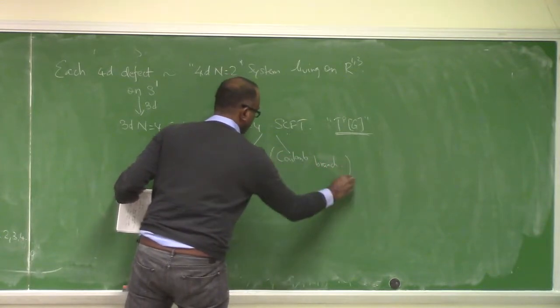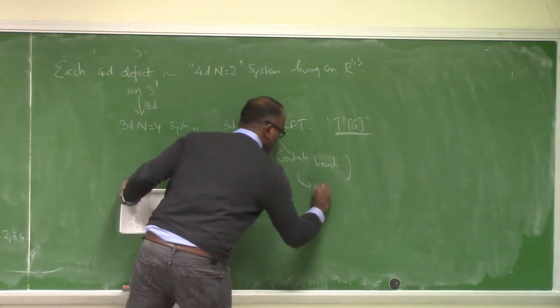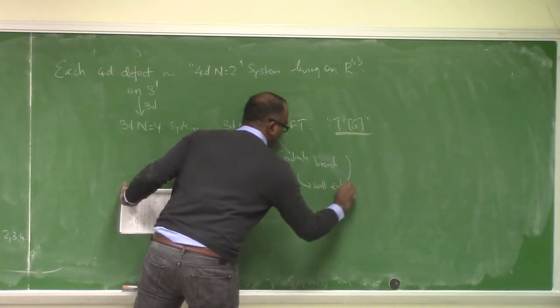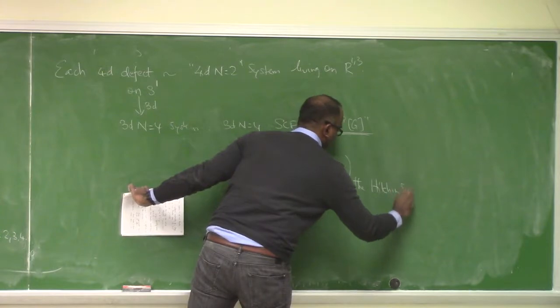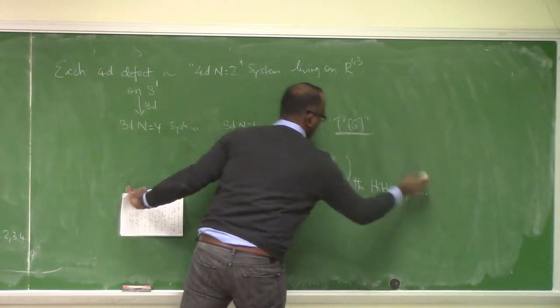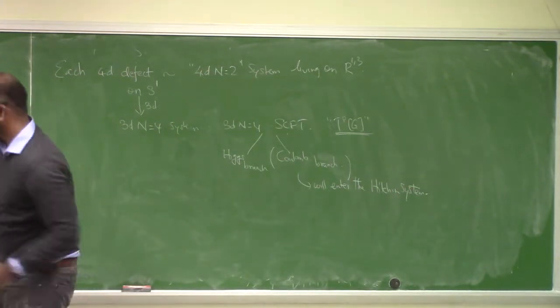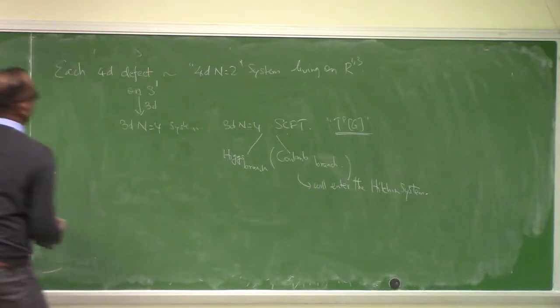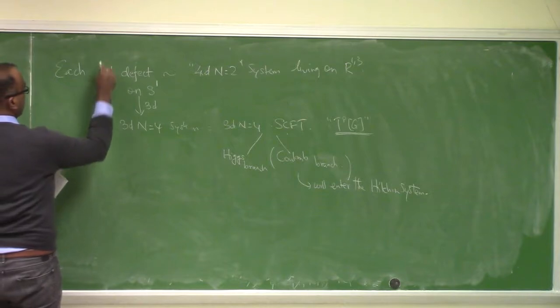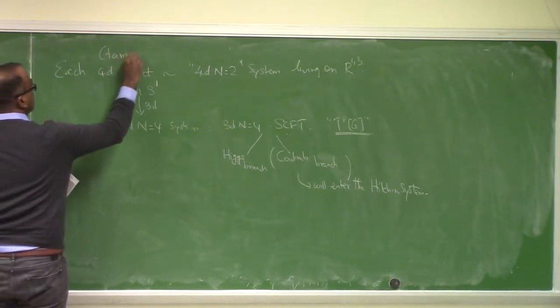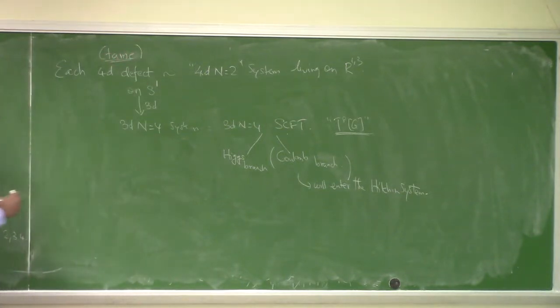And this Coulomb branch will enter the Hitchin system in the following way. For my talk, I'm only going to study defects that are called tame defects. I will tell you in a moment what happens if I relax the condition of being tame.